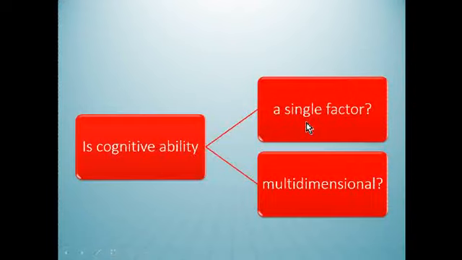Again, it sounds plausible. An alternative view, class, is that people who are good at one mental ability are likely to be good at all mental abilities. Yeah? So if you're good at memory, you may be good at vocabulary as well, maybe also good at logic. In which case, cognitive ability is treated as a single factor, and people are treated as cognitive generalists. In which case, people are meant to be able to do all these mental abilities well.